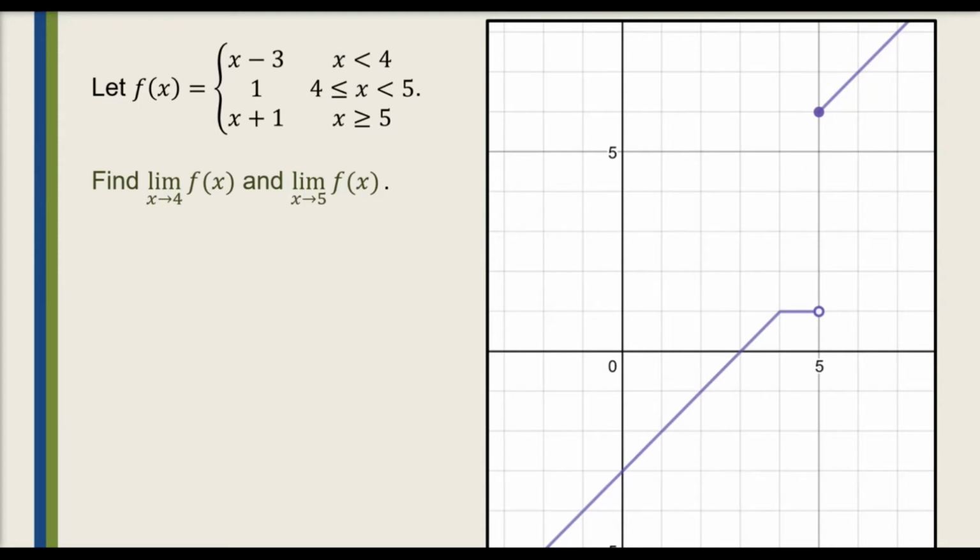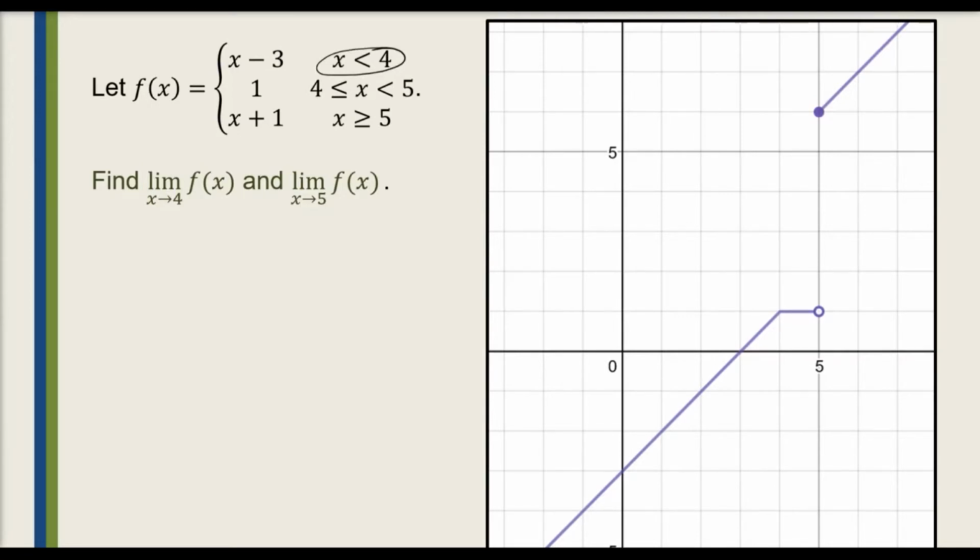So also in this section, you may want to evaluate limits of piecewise functions. So remember, piecewise functions are just functions that are defined different ways for different pieces of the domain. So this particular function looks like x minus 3 whenever x is less than 4.